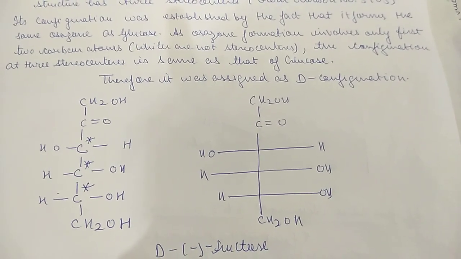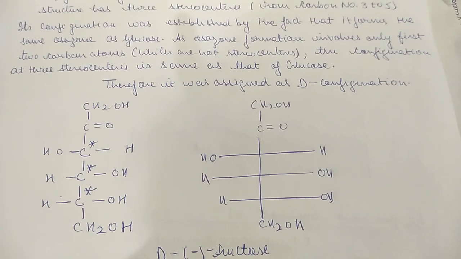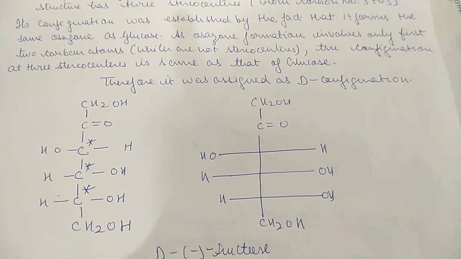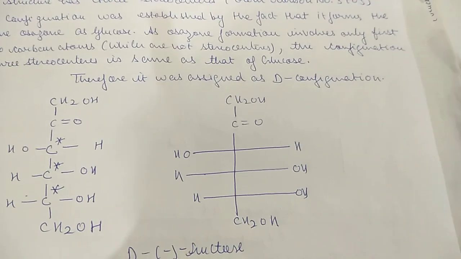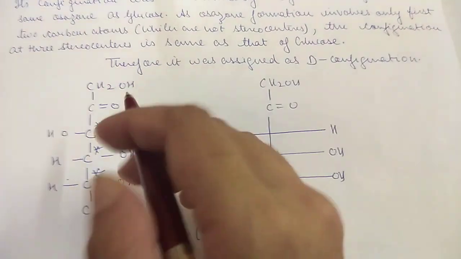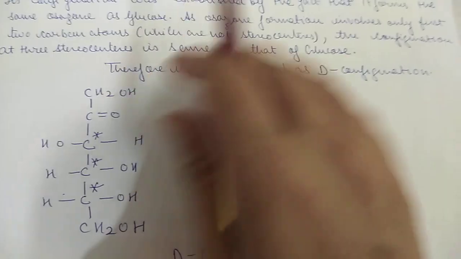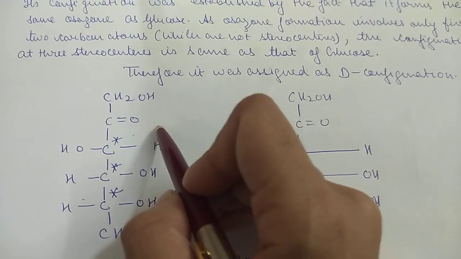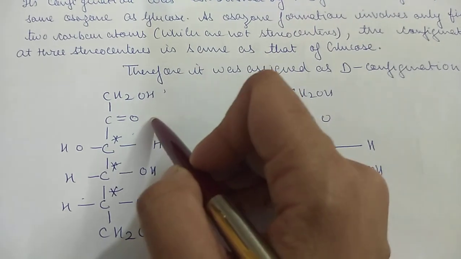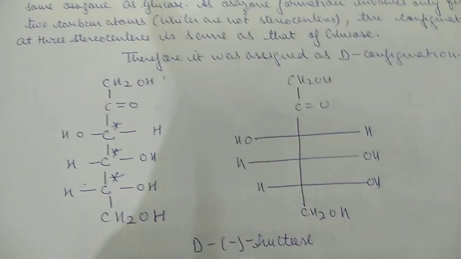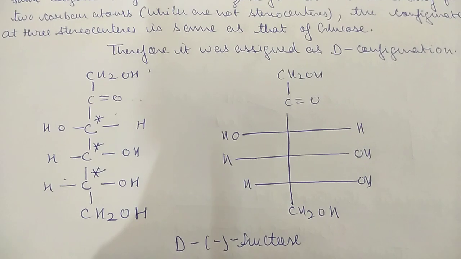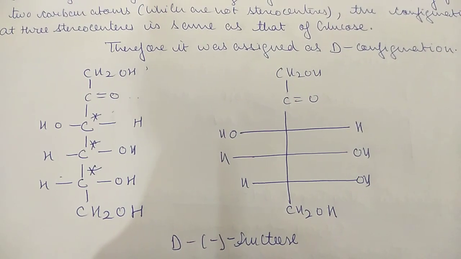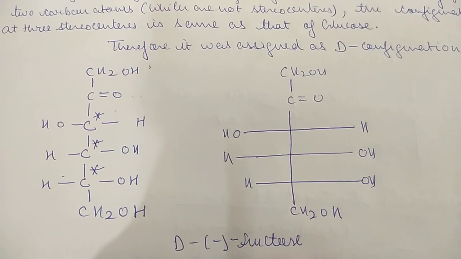Glucose forms osazone, and fructose also forms fructosazone. Osazone formation in the case of glucose involves the first two carbon atoms, and fructosazone formation in the case of fructose also involves these first two carbons. We have done the formation of fructosazone in the previous lecture, and we have also done the formation of osazone, so you can refer to it there.